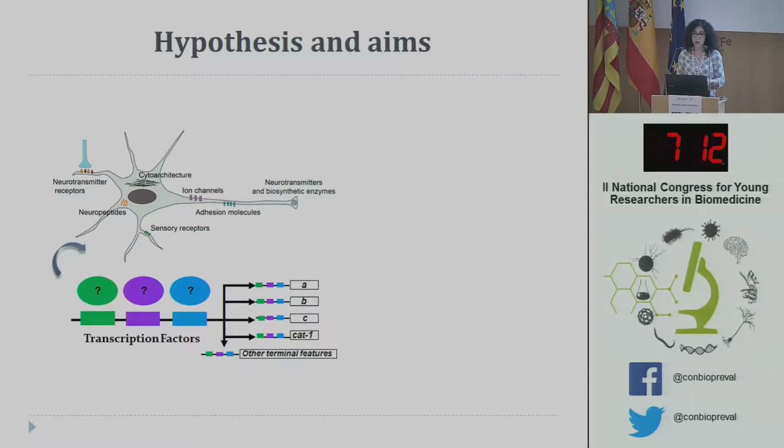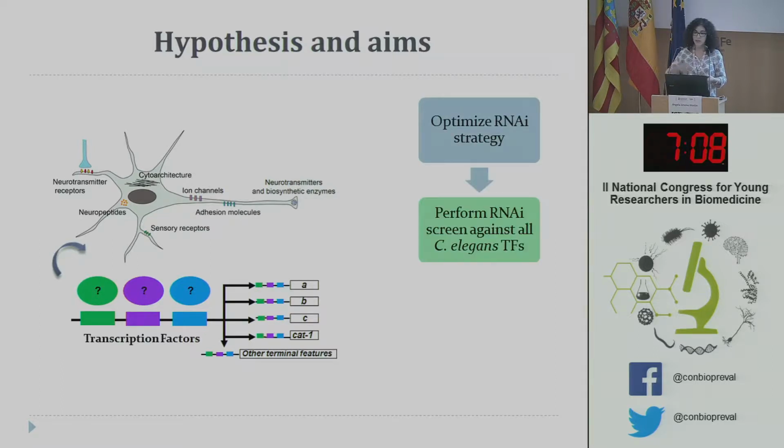their expression. So what we want to do is to optimize the RNAi strategy to perform an RNAi screen against all the transcription factors of C. elegans. And finally, with this process, we can also affect the lineage of the cells. And we already know that we affect the lineage because it is very well described in this animal model.